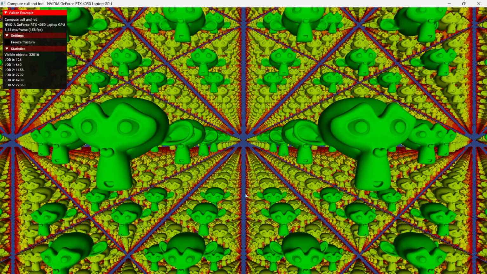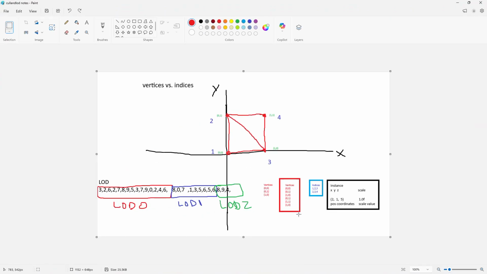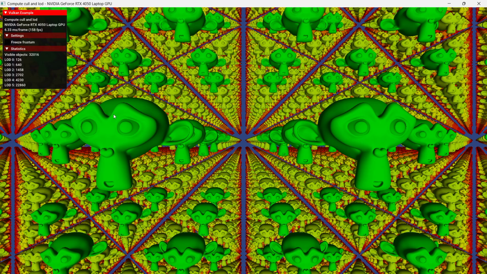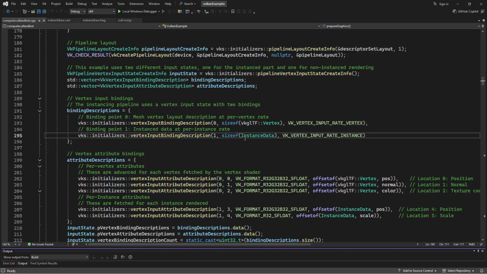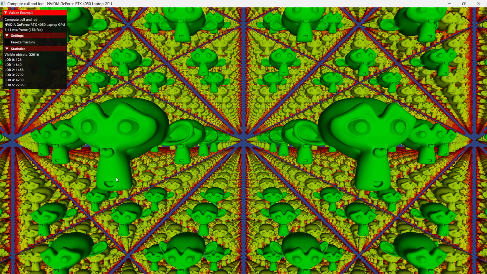I don't know what the arrangement of the objects is, but for all of these vertices that we're processing, we're processing it for one instance. And this is what this data right here is trying to say: instance data at per instance rate. For each one of these vertices, the instance stays the same.